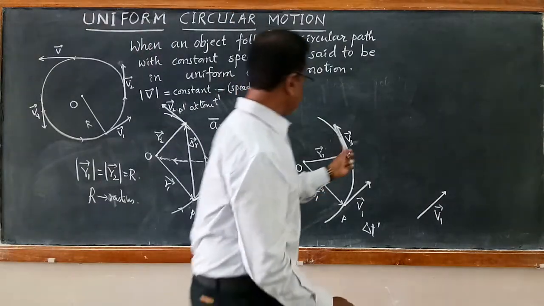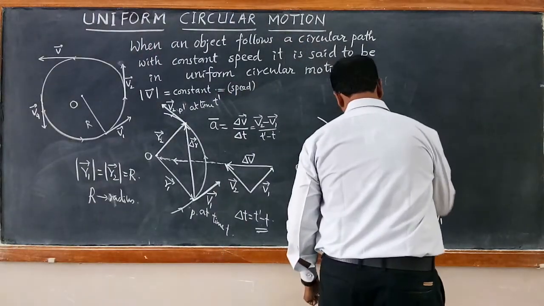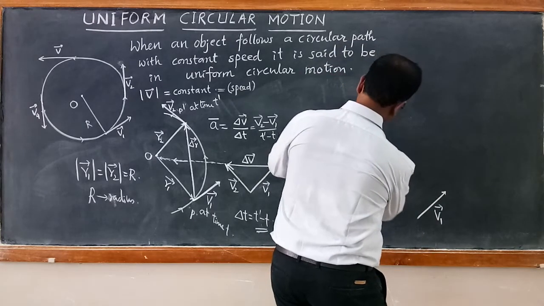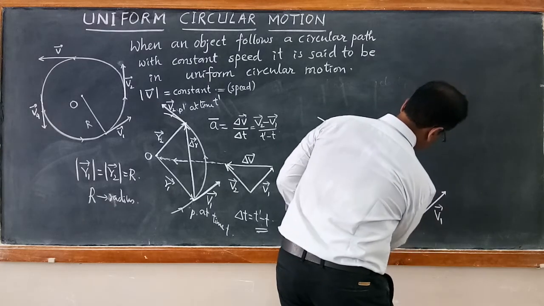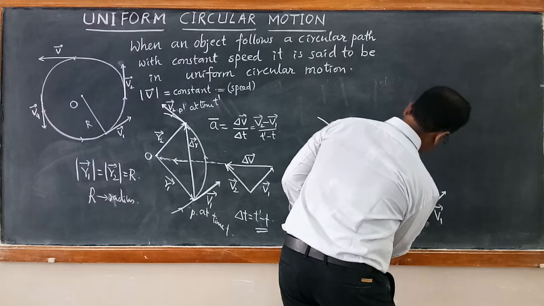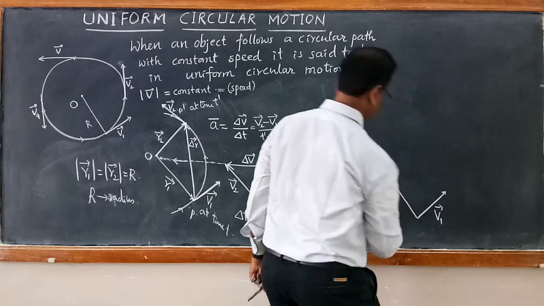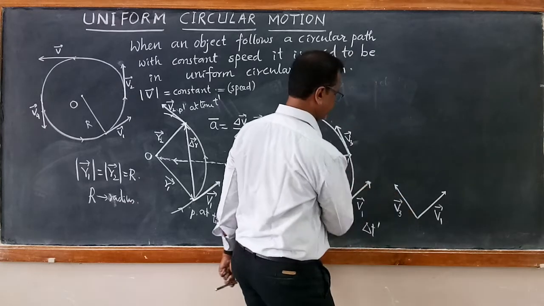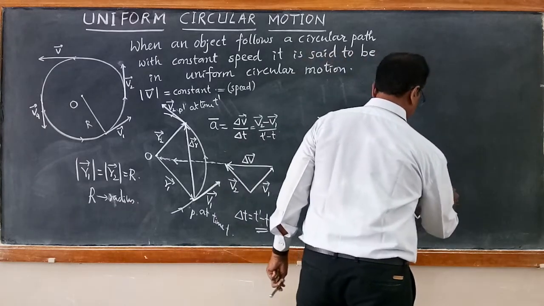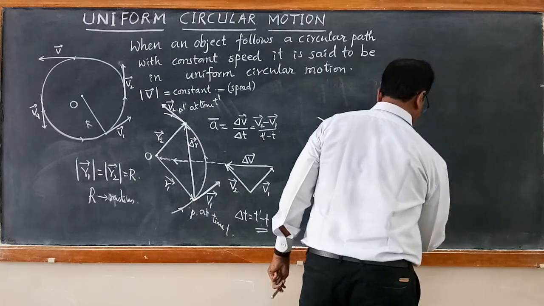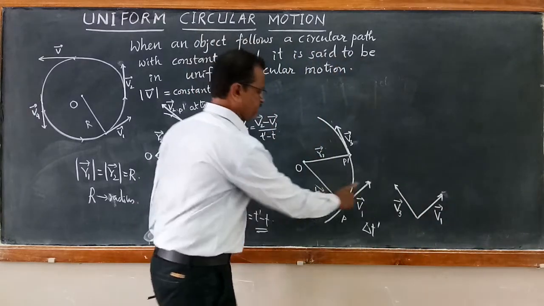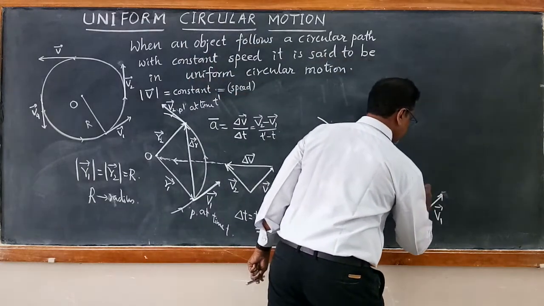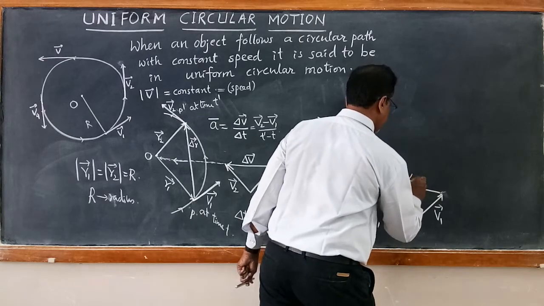Then draw v3 parallel vector. Please note that the lengths of v1 and v3 must be the same because they are of the same magnitude. Then again join v3 minus v1. v3 minus v1 gives us now change in velocity delta v dash.